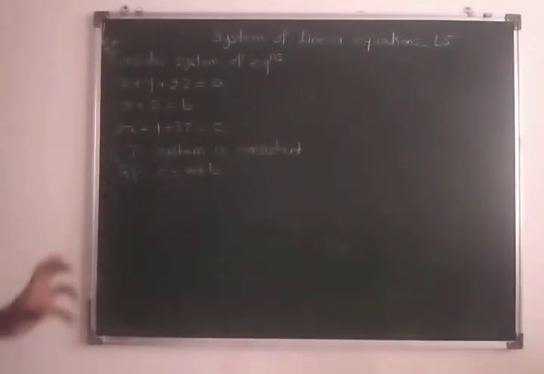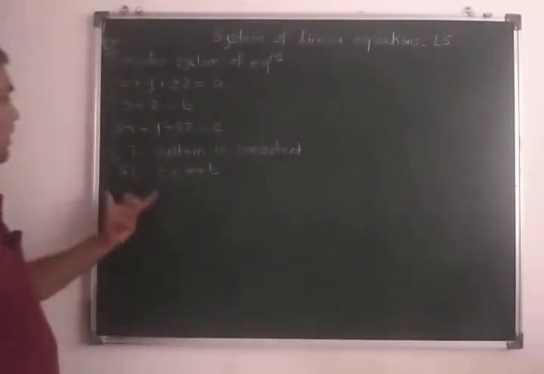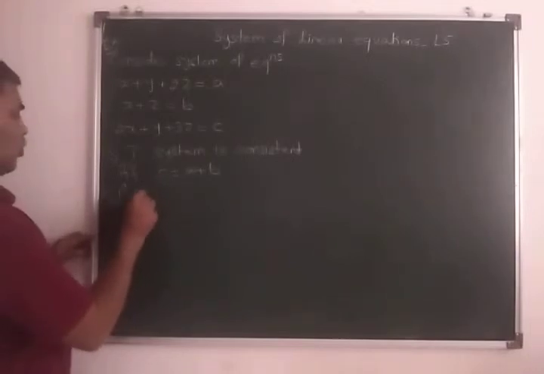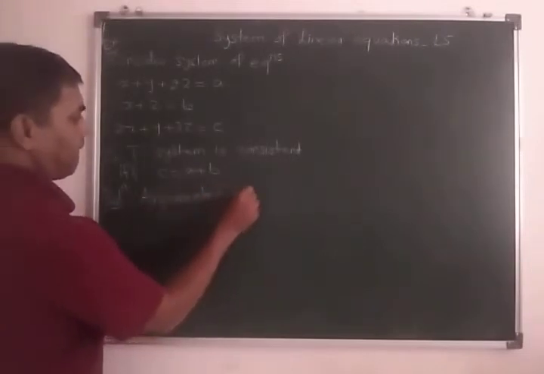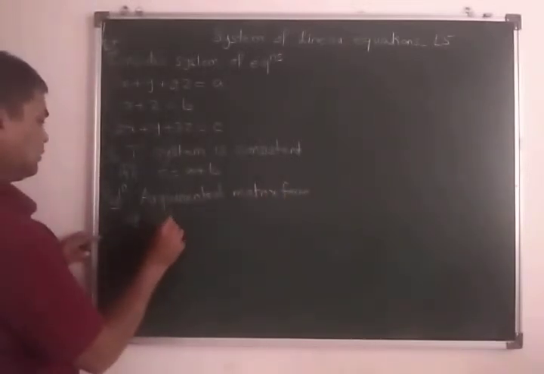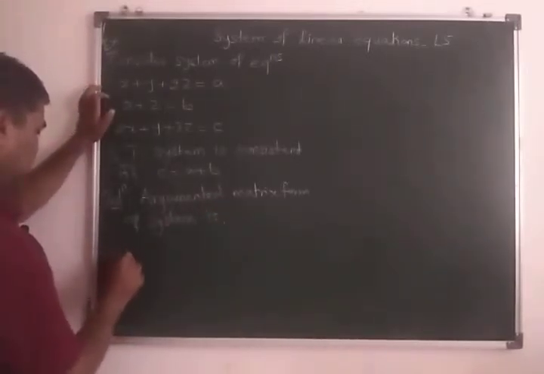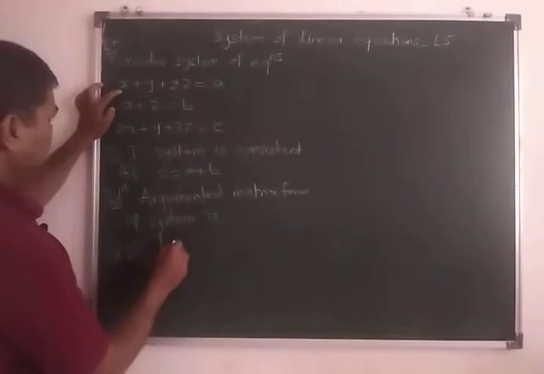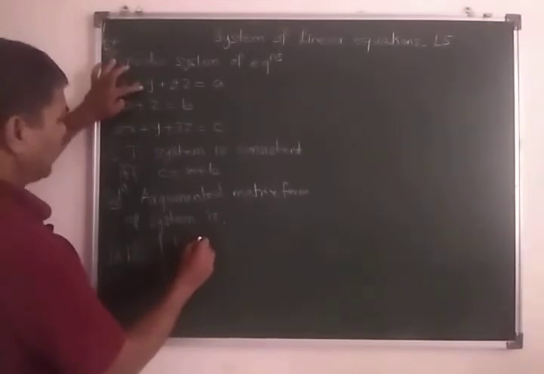So here the matrix form of the system, or we will take the augmented matrix form, of the system is AB, we would write it in the form AB, equal to: coefficients of x, 1, 1, 2, then coefficients of y.